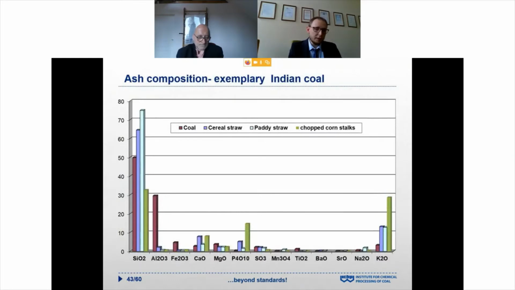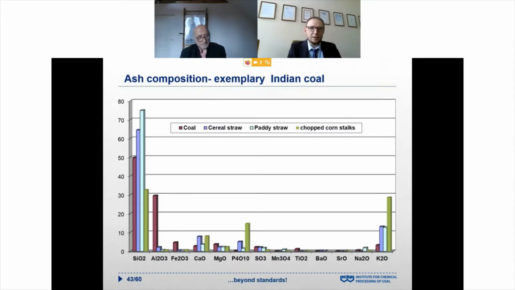The first point, if you want to apply the ash-related issues indexes, we have to consider the ash composition and chlorine content. On this slide, you can see the comparison between an example of Indian coal taken from the literature, paddy straw, and another biomass.